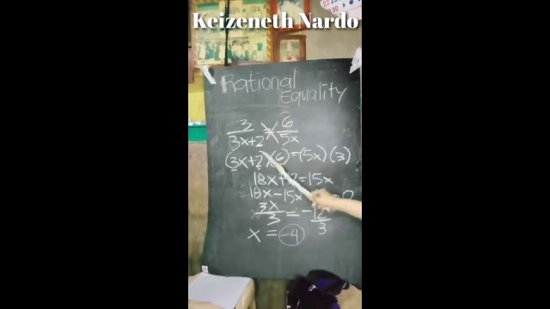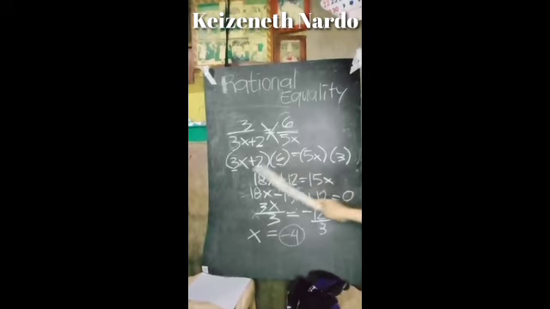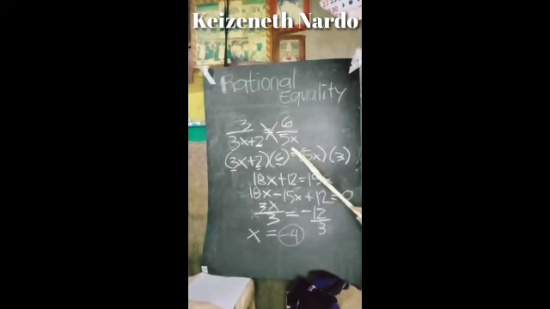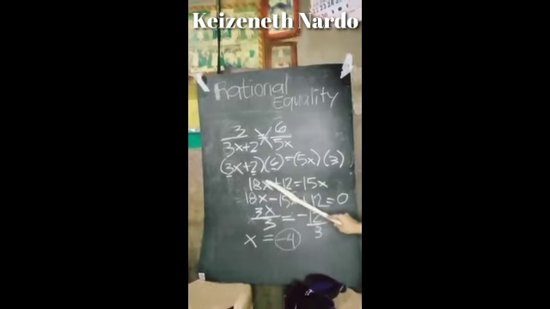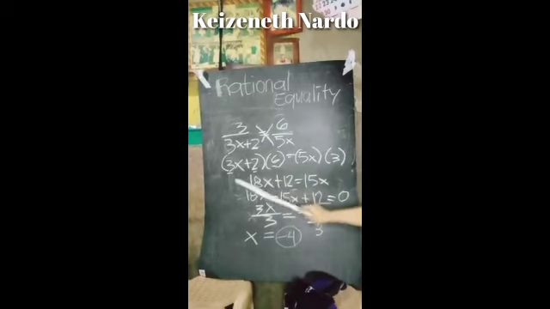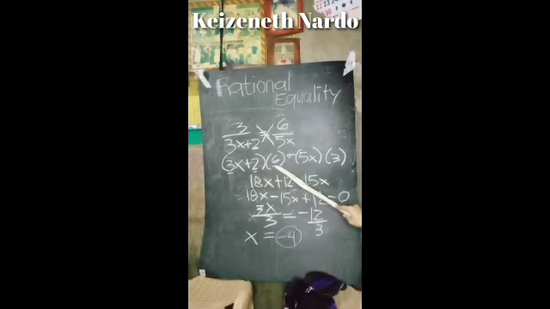Parentheses 3x plus 2 close parentheses times 6 is equal to 5x close parentheses times 3. 18x plus 12: 3 times 6 is 18x, 2 times 6 is 12, equals 15x. 5x times 3 is 15x.